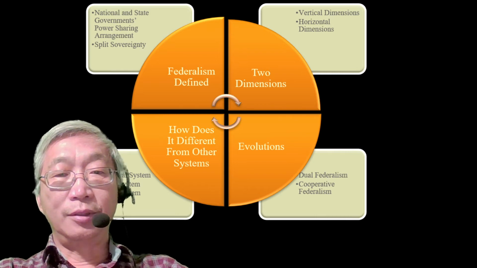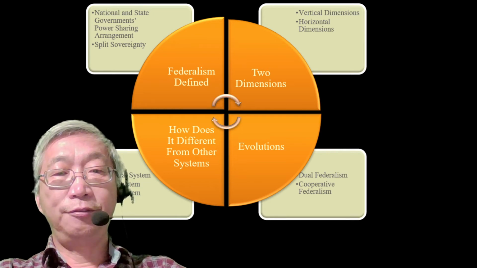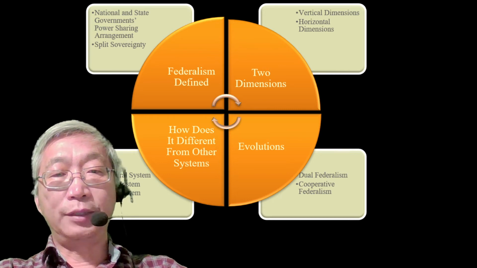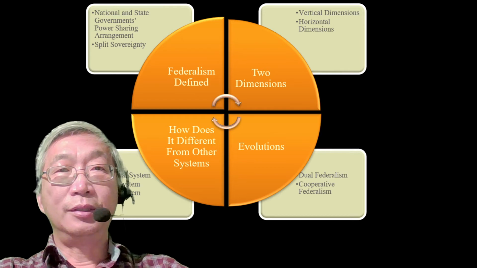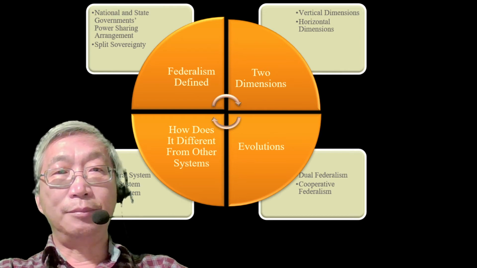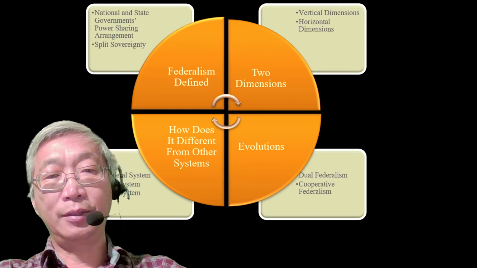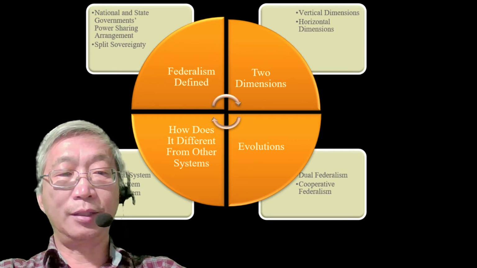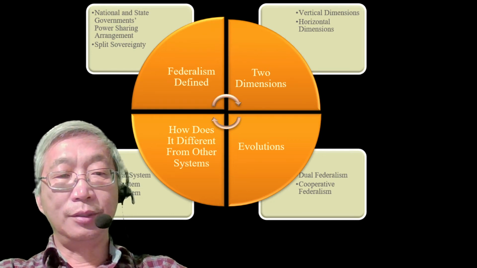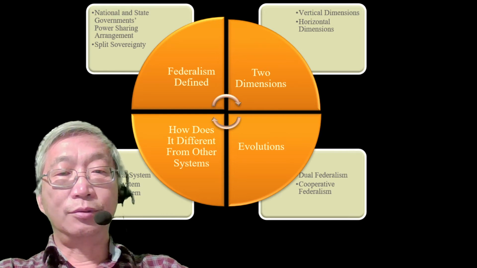Next, we're going to look at what is called layer cake federalism, sometimes called dual federalism, where people believe that both governments can be supreme. Since they're separate, they can be the boss in their own controlled areas.